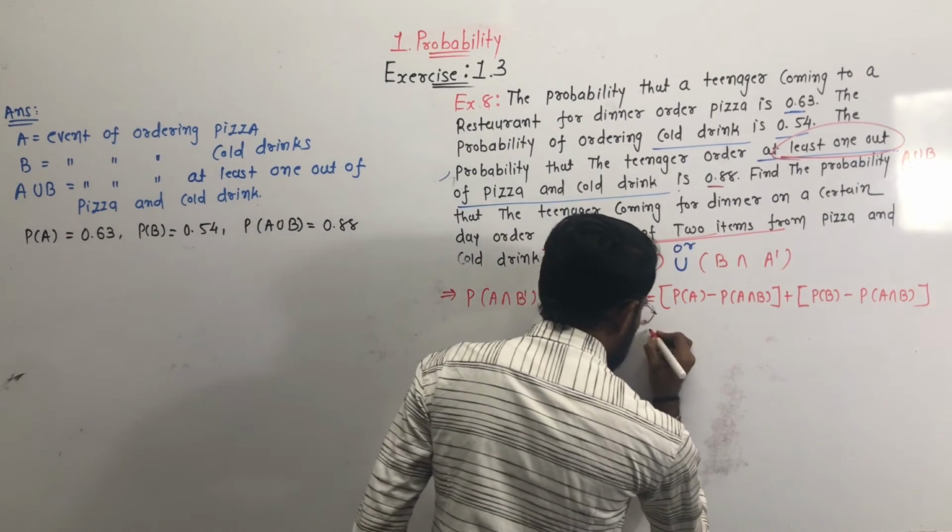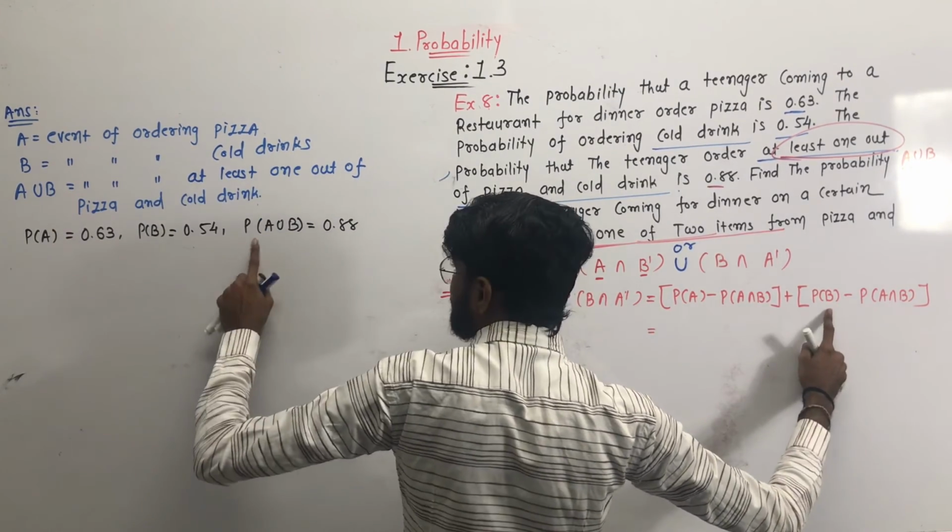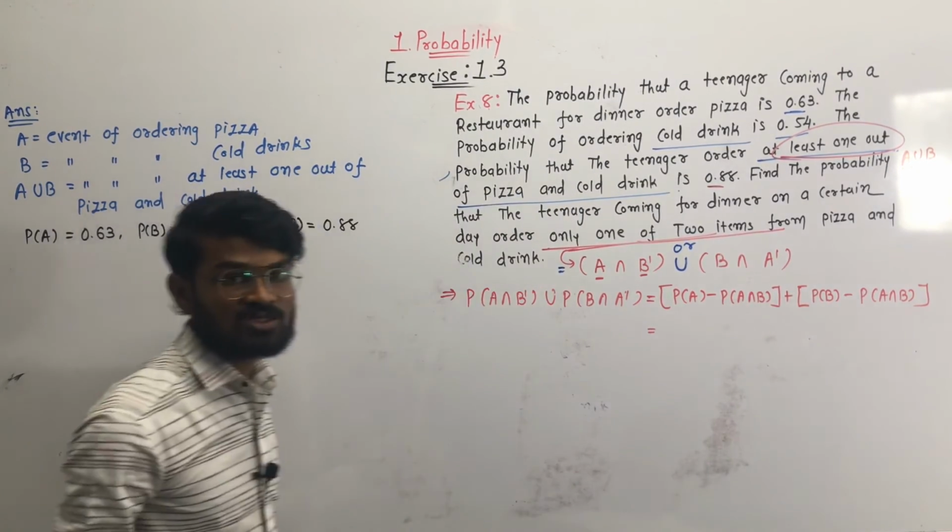Which values are given? P of A is given, P of B is given, but P of A intersection B is not given.